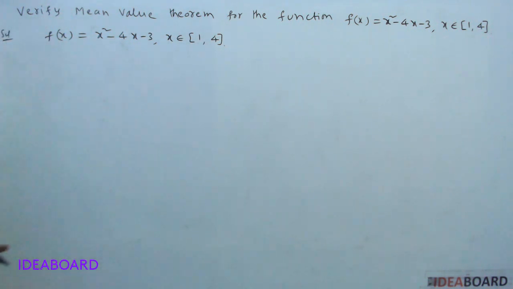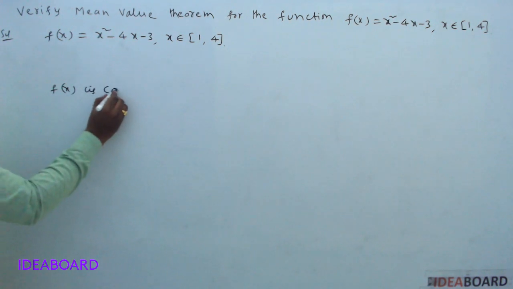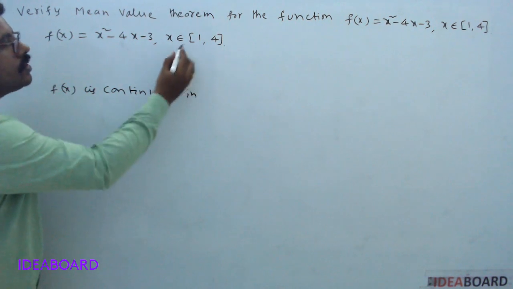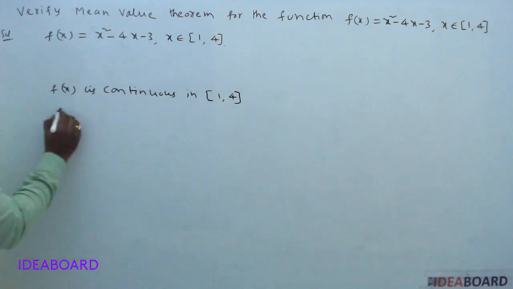First, note down those conditions. f of x is continuous in the closed interval 1 comma 4.